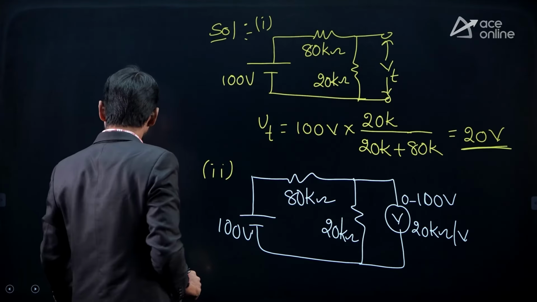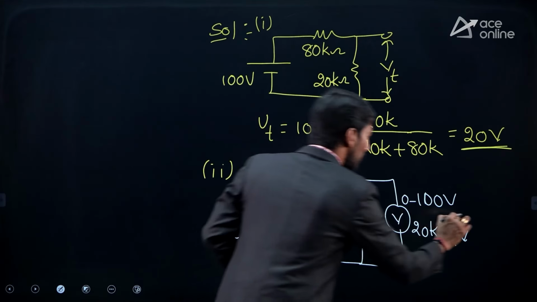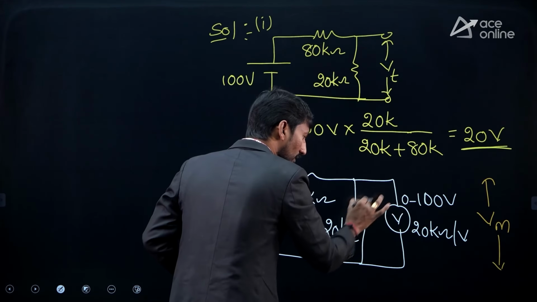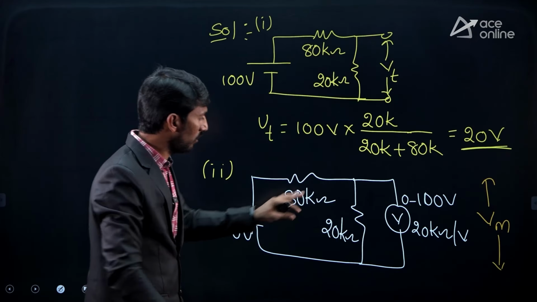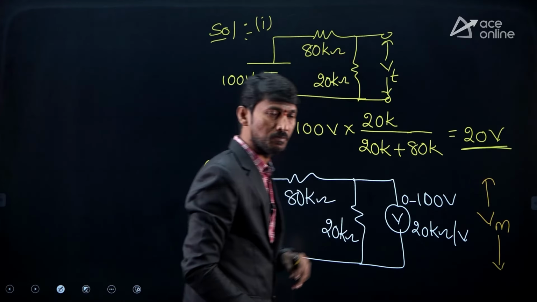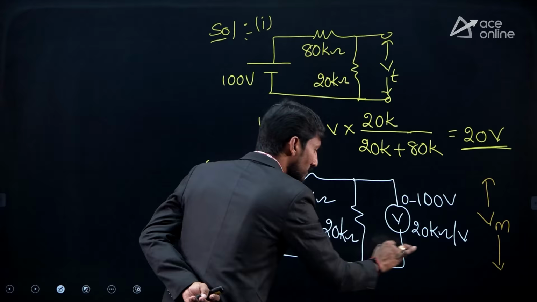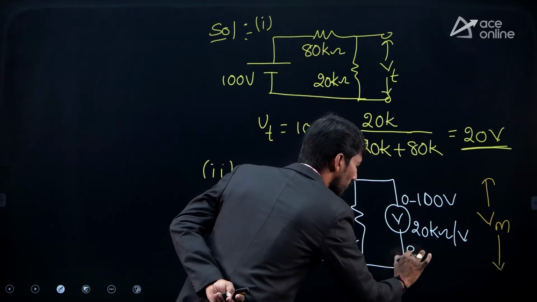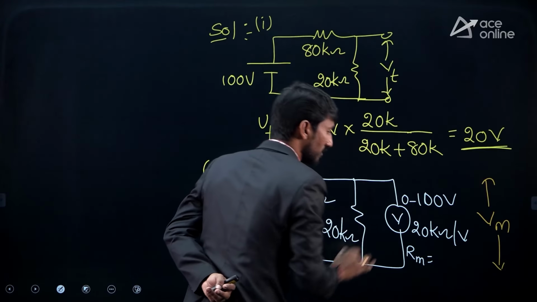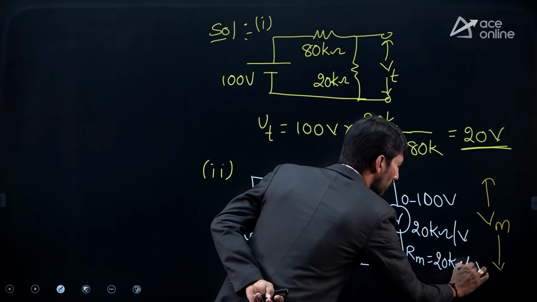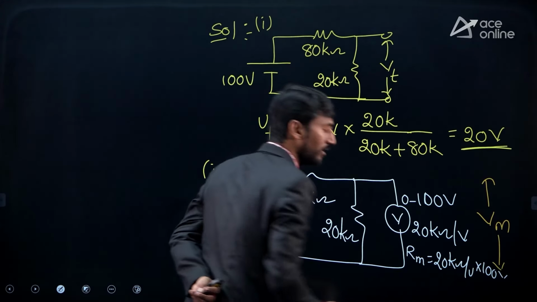Now, if you want to find out the voltage across this, nothing but the voltmeter reading itself is the measured value. Just I am writing Vm as this. In order to find out that value, what do we require? We require the resistance of the meter. So therefore, the meter resistance is 20 kilo ohm per volt into 100 volt.